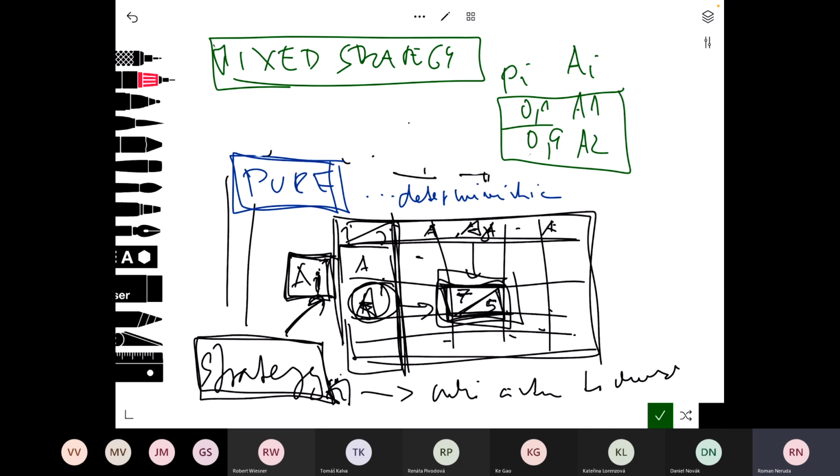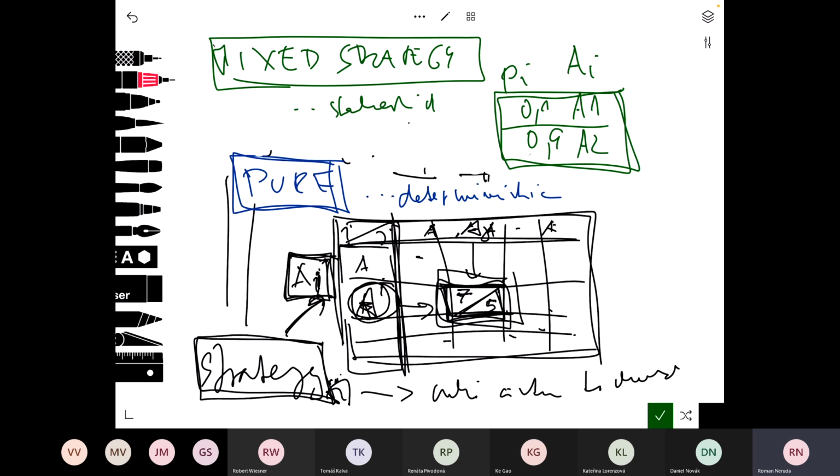It's not deterministic, it's stochastic, and it's very simple, just setting the probabilities for choosing the action. The strategy choice in the pure strategies is really just deterministic.